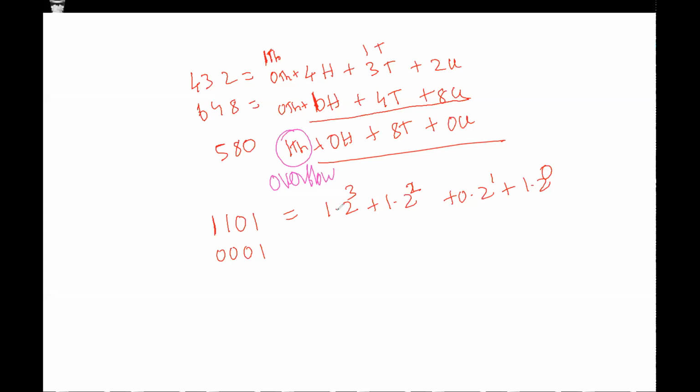In other words, in this number we have 1 eight and 1 four and 0 twos and 1 one is present. And similarly here you have 0 eights, 0 fours and 0 twos, but we have 1 one.